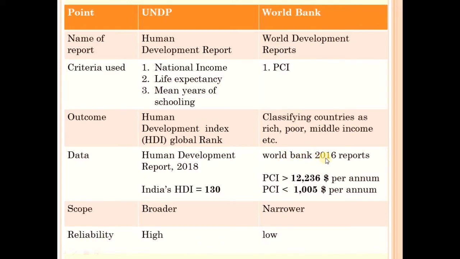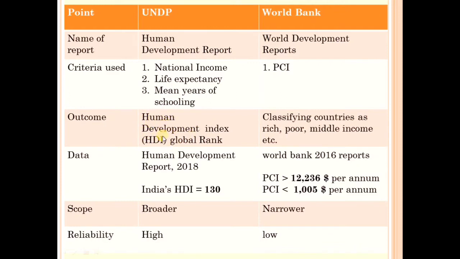As per World Bank 2016 reports, if per capita income of any country is more than $12,236 per annum per person, then that country is rich. If it is lower than 1005, then that country is poor. So basically this concept was narrower because it takes into account only one factor, which is per capita income. Hence it is less reliable as compared to another criterion, which is HDI, or Human Development Index.